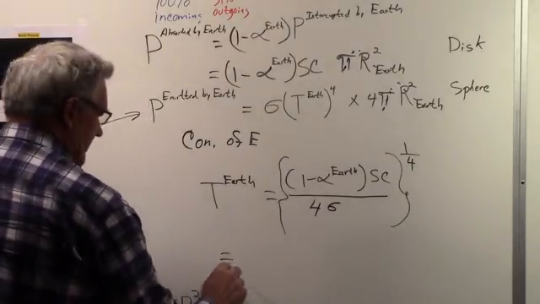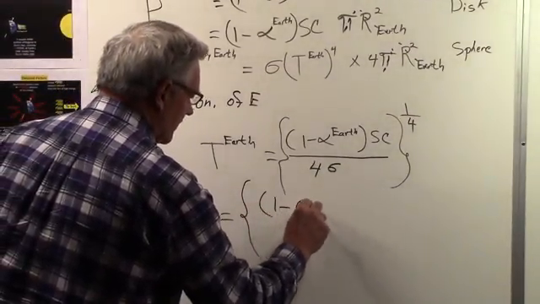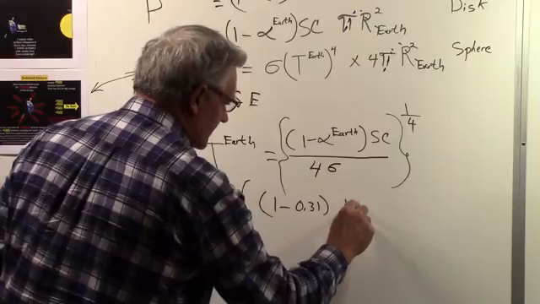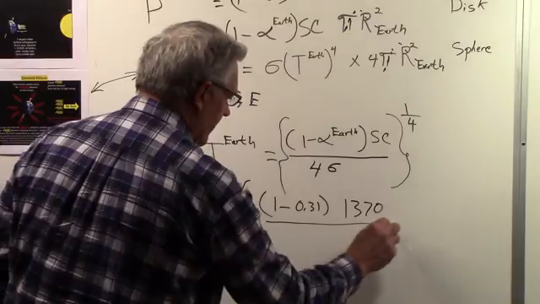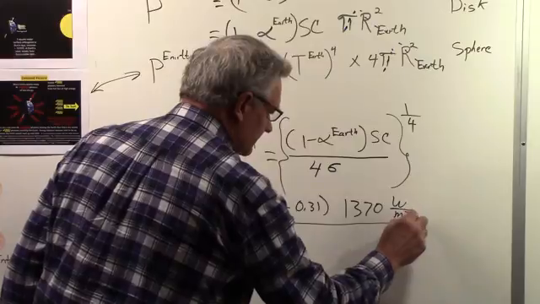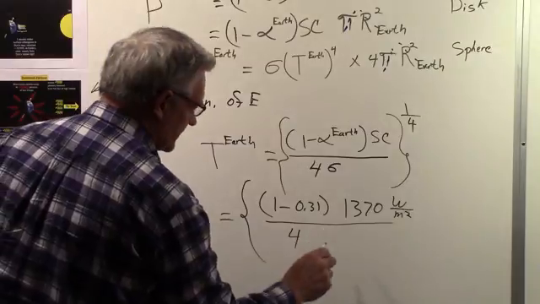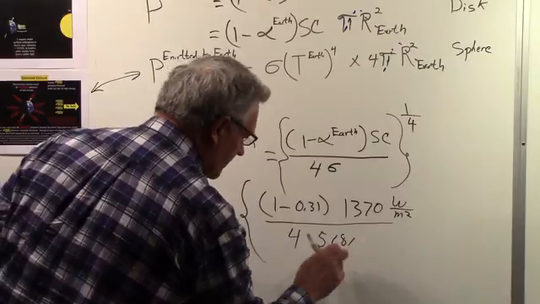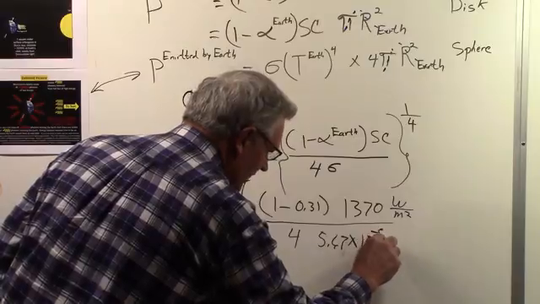If we put in the quantities now, we'll have 1 minus 0.31, 1 minus the albedo, times the solar constant, 1370 watts per meter squared, divided by 4 times the Boltzmann constant, which is 5.67 times 10 to the minus 8th.